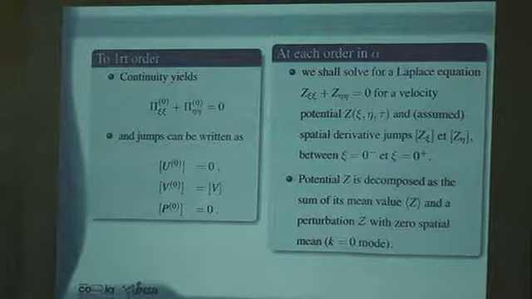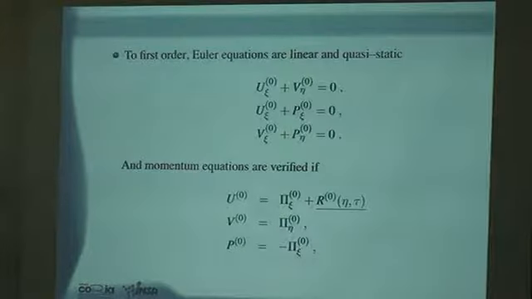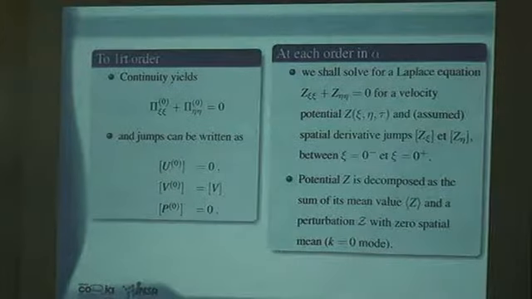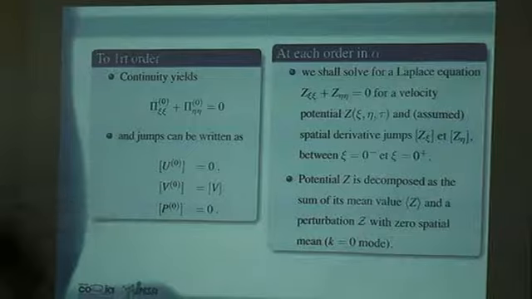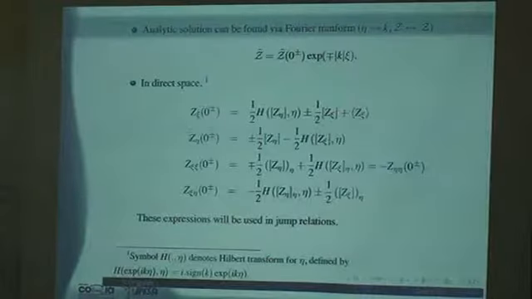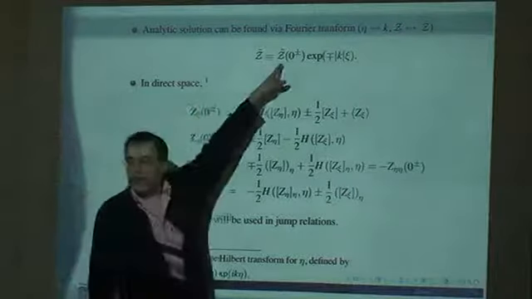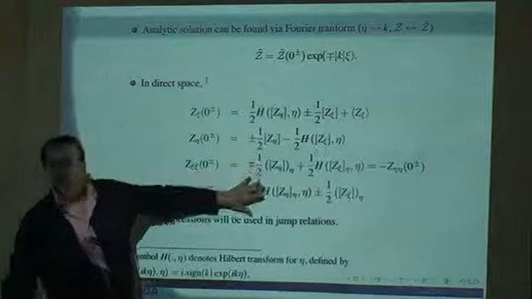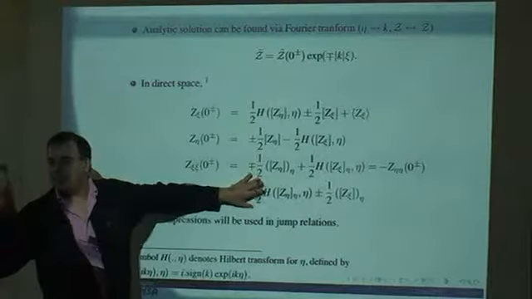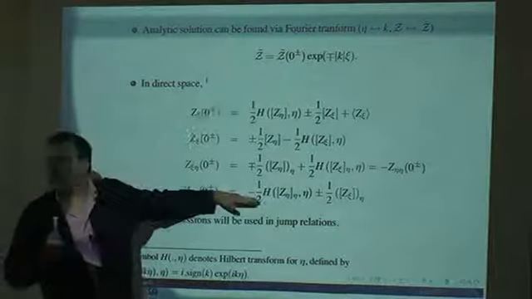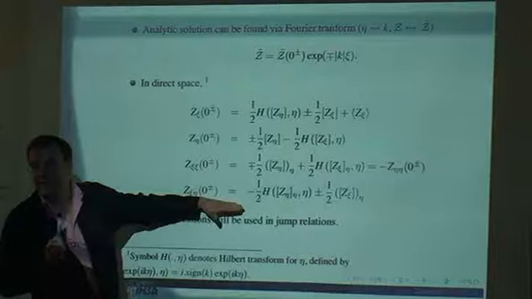Okay, so we have to solve this equation with these jumps. We can solve it. Very easy, very tedious. You can solve this equation via Fourier transform. Okay? And this is only mathematics. There is no physics. This is only mathematics. Okay?